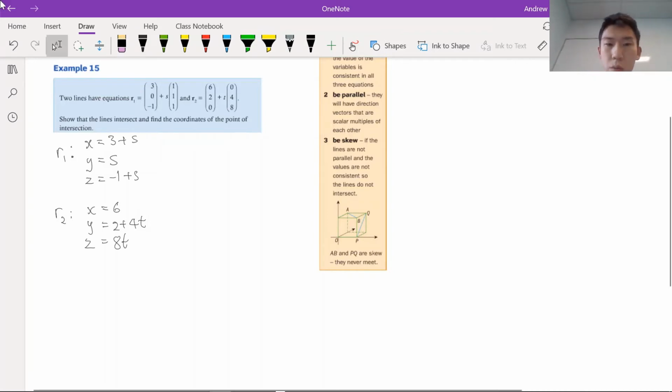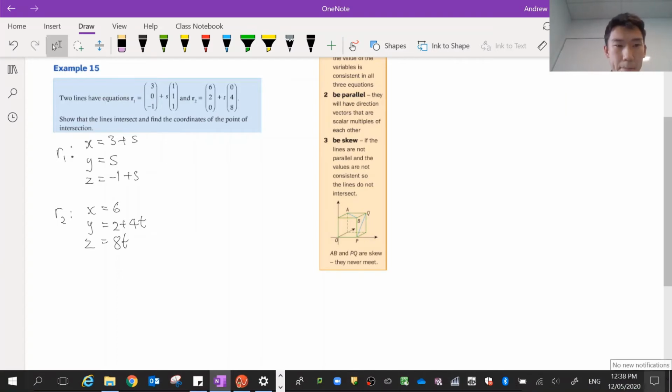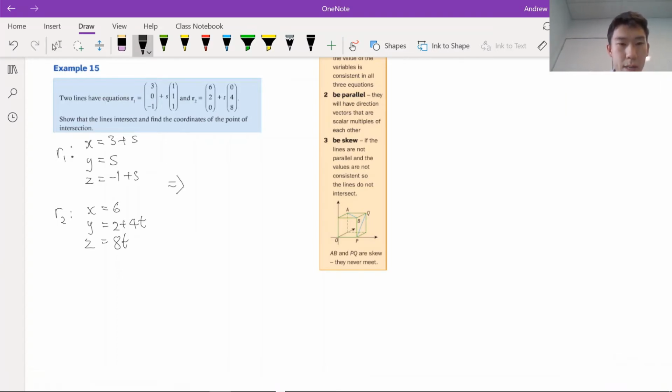Okay, so now we want to solve for s and t. So hang on, we'll get these equations now. So let the x's equal each other. So 3 plus s equals 6. Okay, s equals 2 plus 4t.